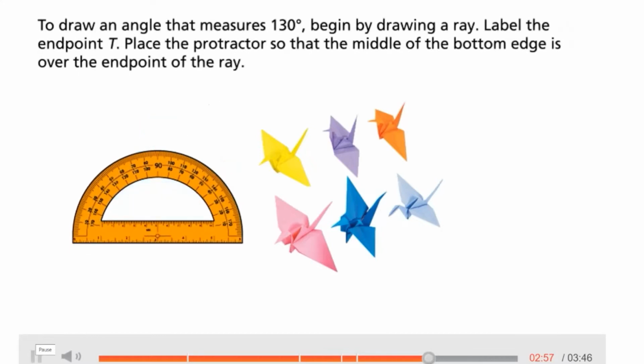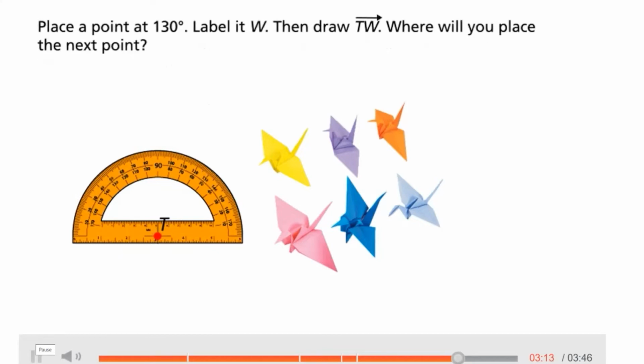To draw an angle that measures 130 degrees, begin by drawing a ray. Label the end point T. Place the protractor so that the middle of the bottom edge is over the end point of the ray. Place a point at 130 degrees. Then draw a ray TW.